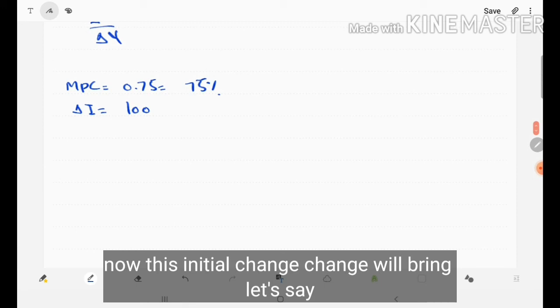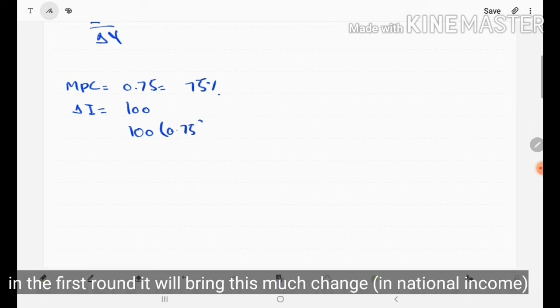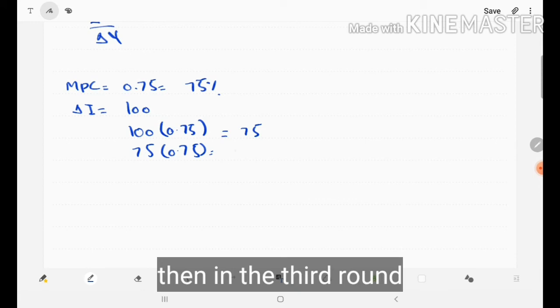This initial change will bring a certain change in the first round, then in the second round it will bring this much, and then in the third round.